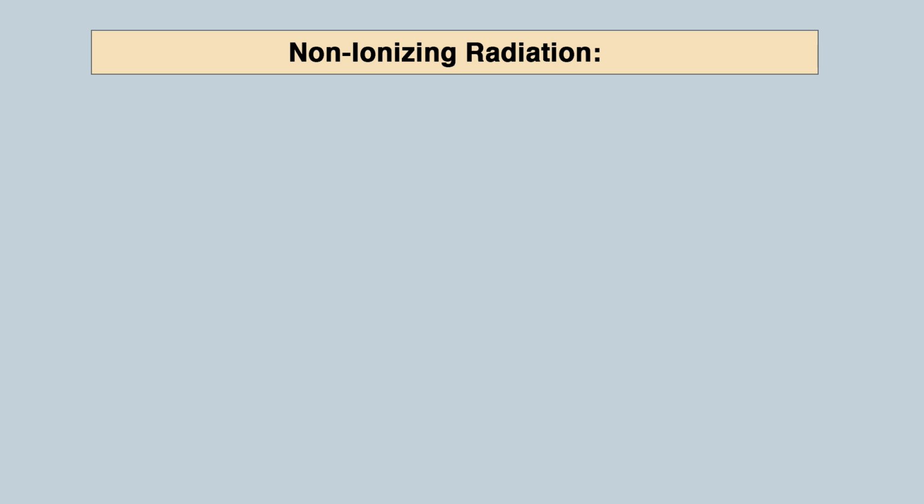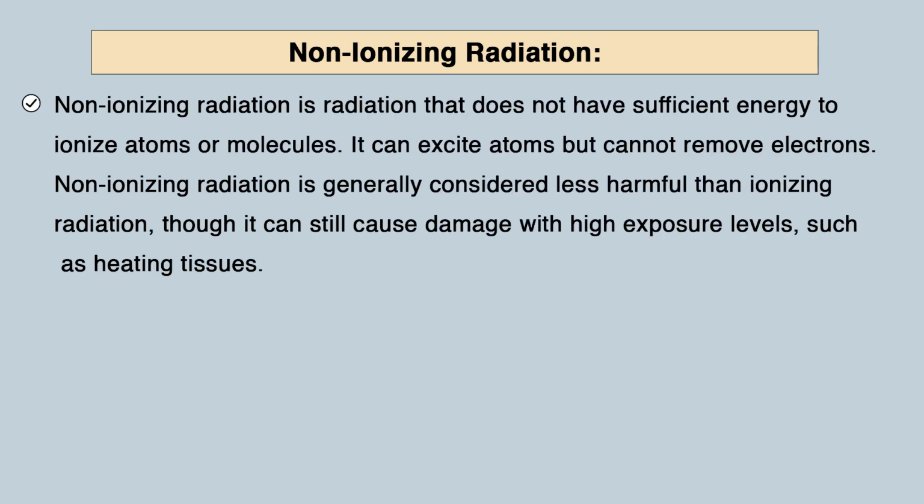Non-ionizing radiation does not have sufficient energy to ionize atoms or molecules. It can excite atoms but cannot remove electrons. Non-ionizing radiation is generally considered less harmful than ionizing radiation.